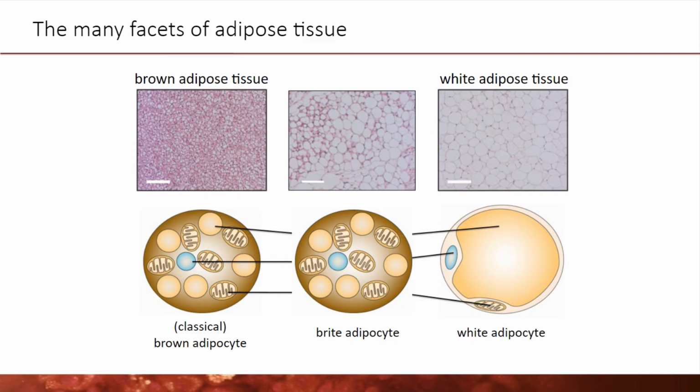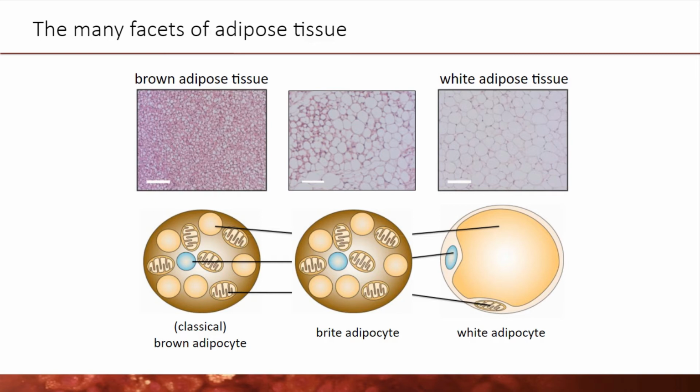And then you obviously know the white adipose tissue, which you find in many different depots over the body. And obviously in obesity, there's this high excess of this tissue. And then you have brown-like adipocytes, which are called either beige or bright, depending on which nomenclature you follow, which develop within normally white adipose tissues.